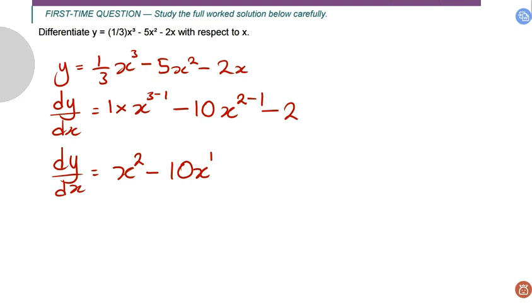But there is no harm if we just write 10x, because the power 1 is invisible here. X itself is enough, it is showing that I'm just alone here. And then you're going to have a negative 2 there. So this is your answer.